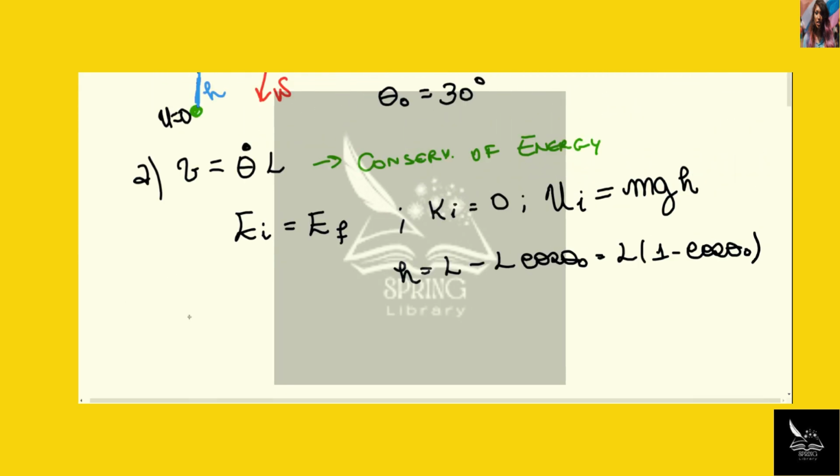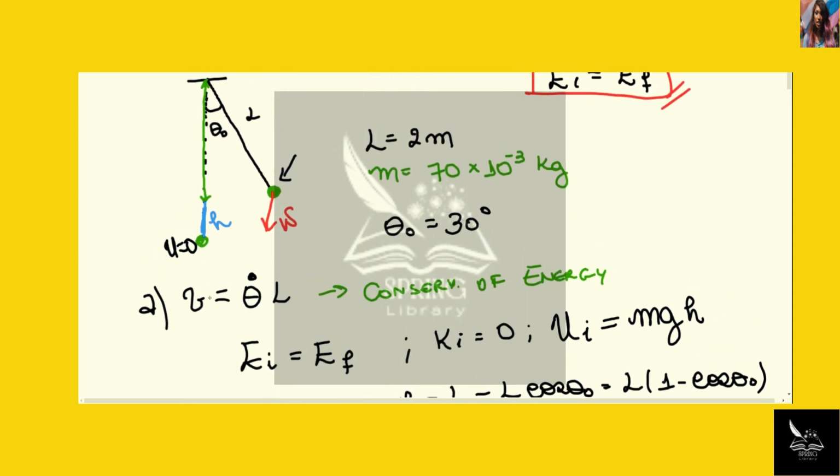So the initial energy of the system is only mg times L times 1 minus cosine of 30 degrees, or theta 0.